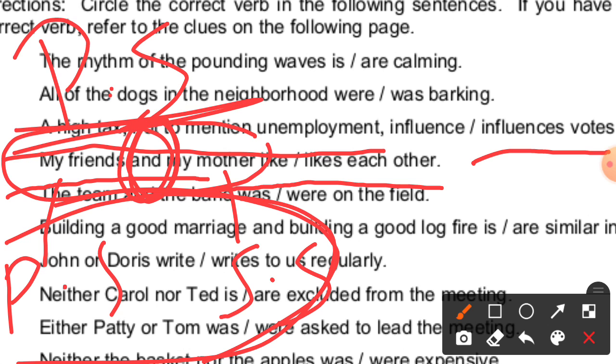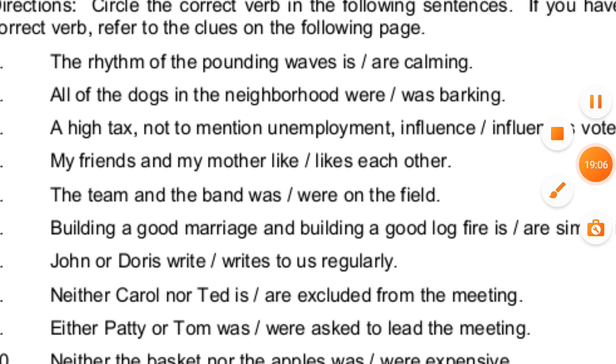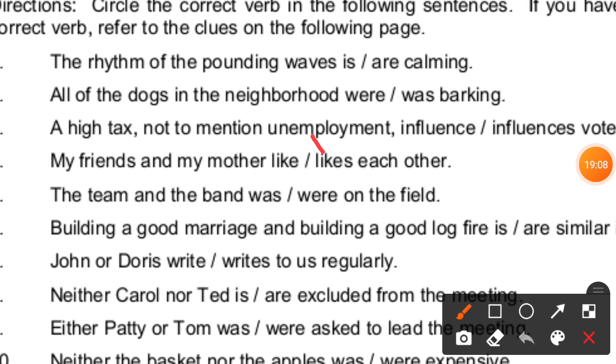So now it is clear to us that we have a plural subject, and now it is easier to guess the verb: like or likes. In one spelling S is missing, in the other S is mentioned. So which is your singular verb, like or likes? It is obviously likes.